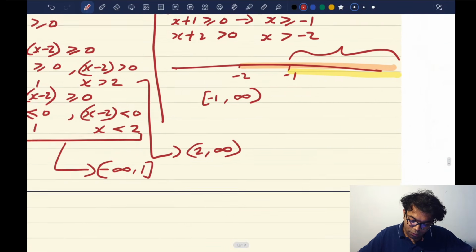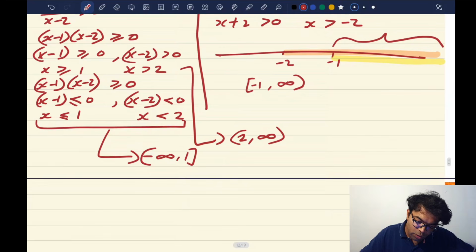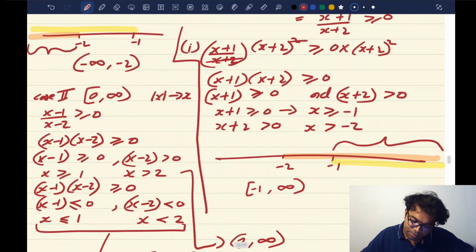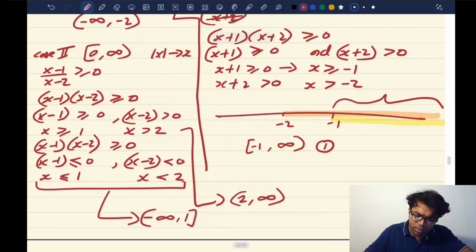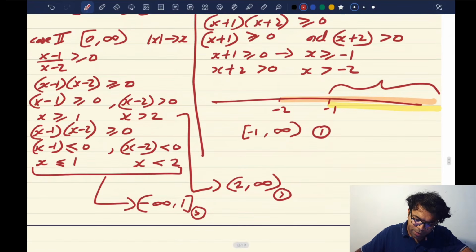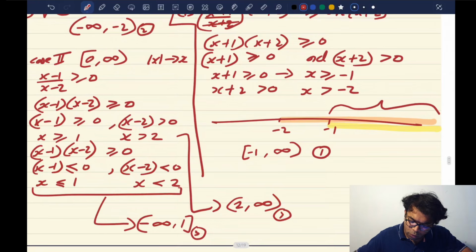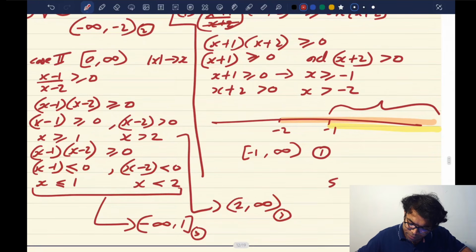Let's see, what are the four solutions that we have, Drupad? So this will become 1, this will become 2, this will become 3, and this will become 4. So what are the four solutions that we have?